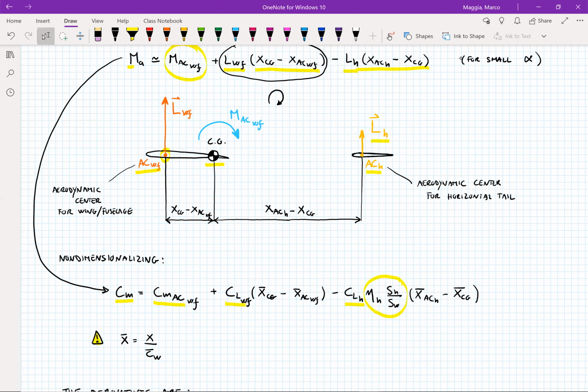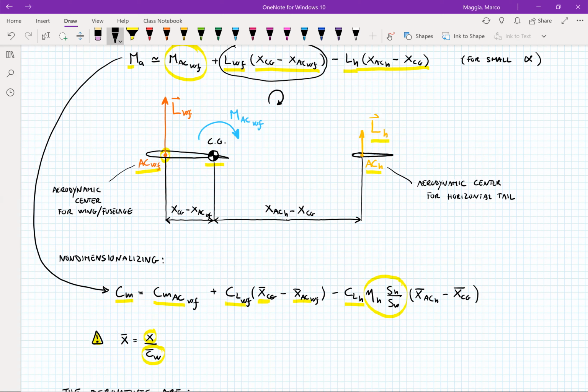So in order to make the distances non-dimensional, we divide them: xcg bar and xacwf bar is simply the distance x divided by the mean chord of the wing.